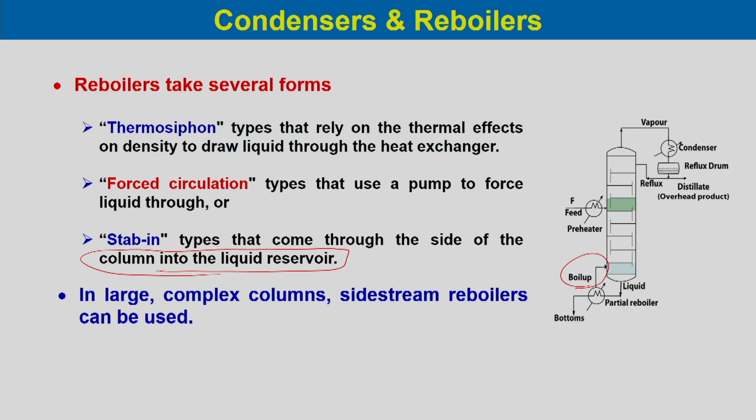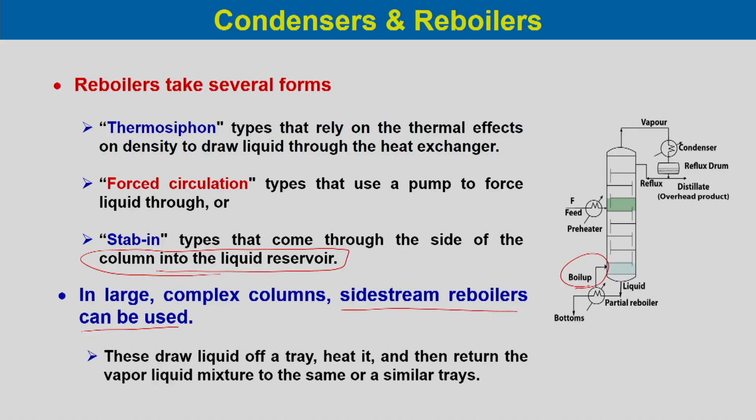In large complex columns, side stream reboilers can also be used. Basically, you will find these in petroleum refineries. Side stream reboilers are generally used in the large and complex columns in refineries. These draw liquid off a tray, heat it, and then return the vapor-liquid mixture to the same or a similar tray.